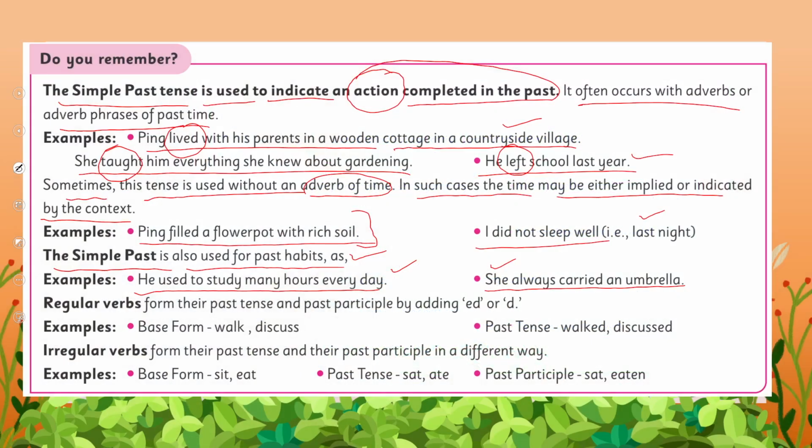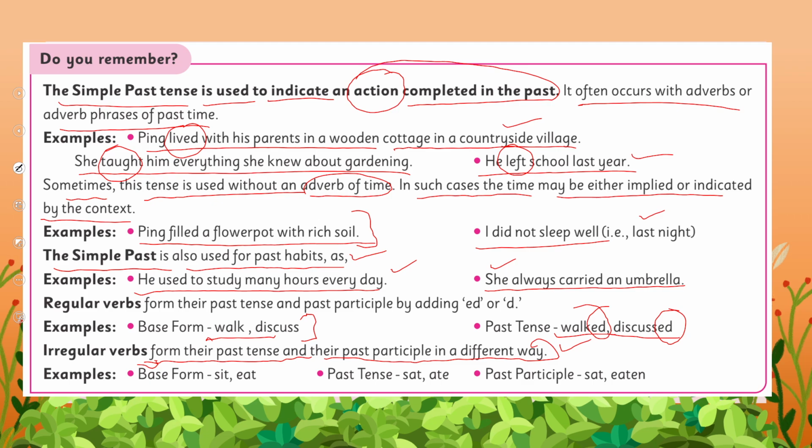For regular verbs, the base form will be walk or discuss. Now, if you change it in the past tense, it will be walked or discussed. The ed is added at the end. This makes it a regular verb. For irregular verbs, they form their past tense and their past participle in a different way.